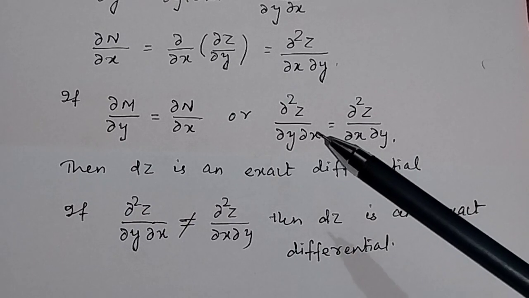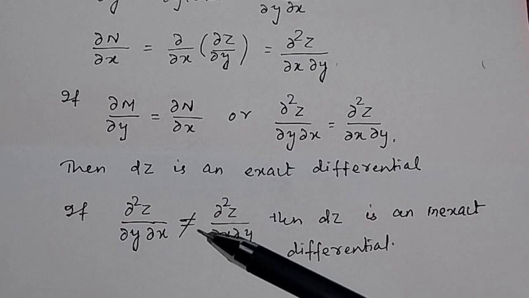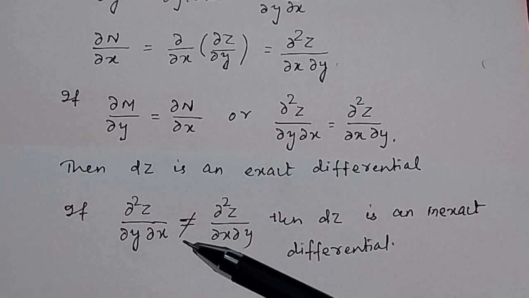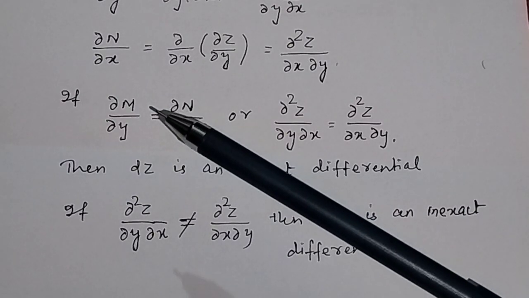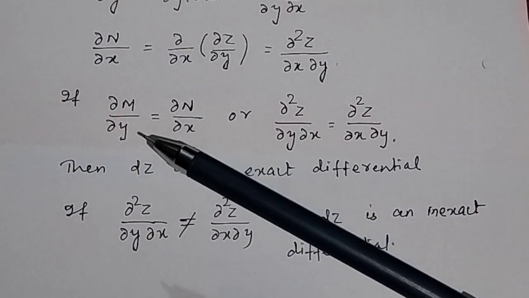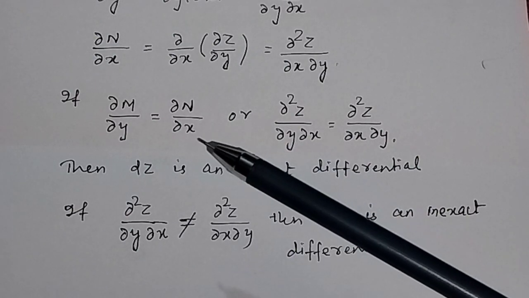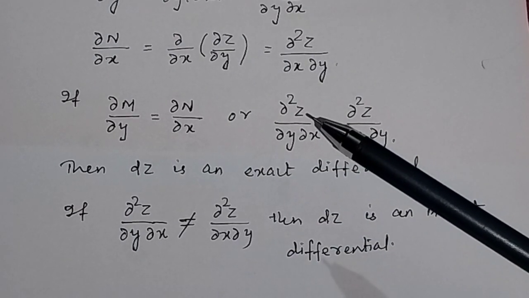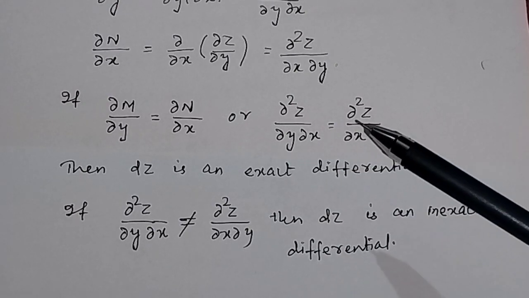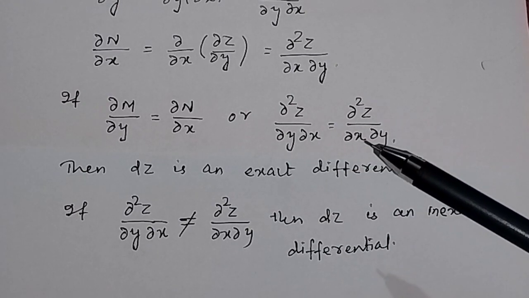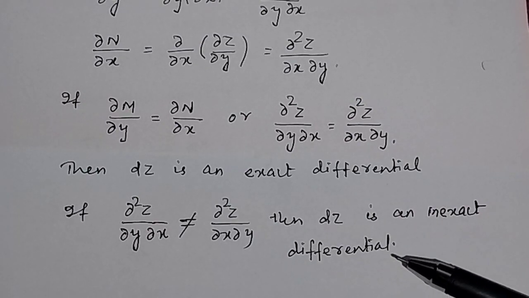But if the state of the function changes, that means it is path dependent. If the variation of m with respect to y is not equal to the variation of n with respect to x, or the second derivative of z with respect to x and y is not equal to the second derivative of z with respect to y and x, then dz is an inexact differential.